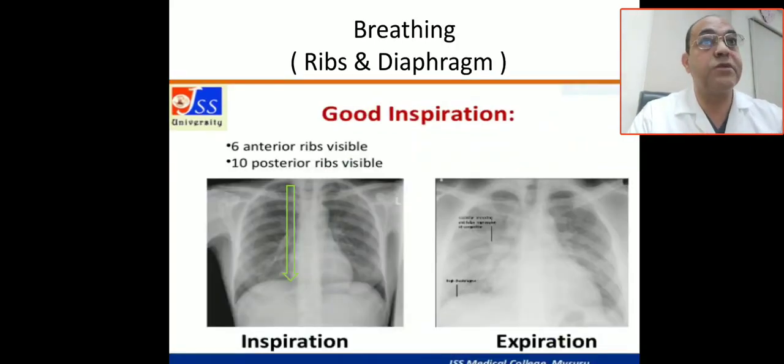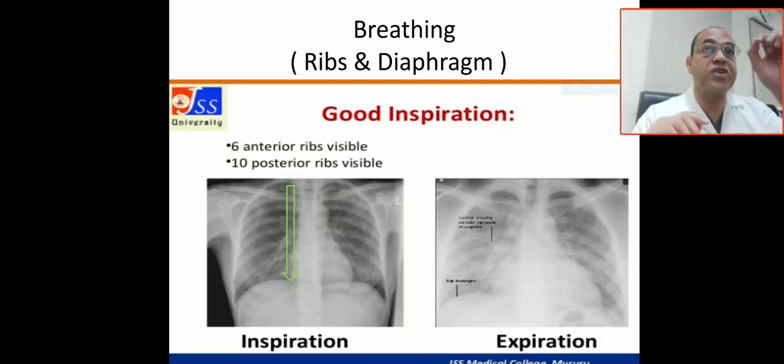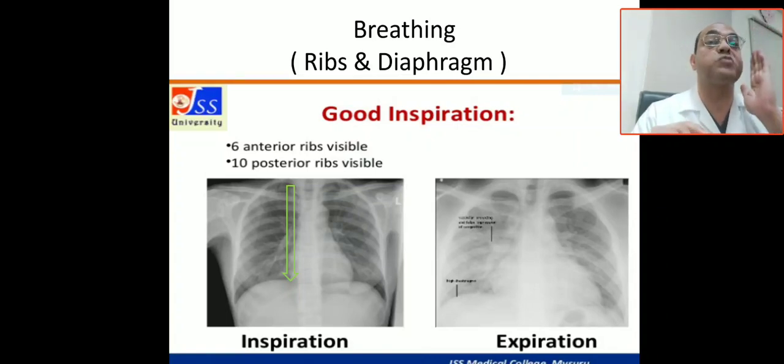Now we comment about the breathing, inspiratory or expiratory film, by commenting on the ribs and diaphragm. For good inspiration, you have to check the anterior ribs. If there are 6 visible anterior ribs, this is an inspiratory film.